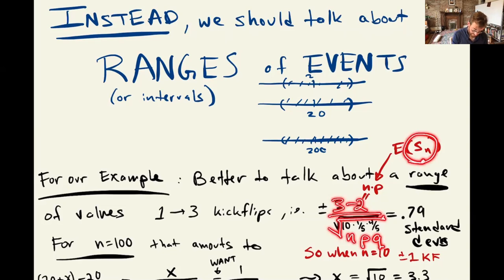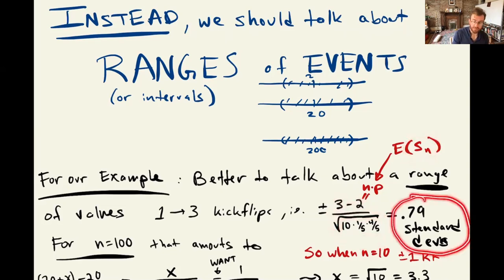When I do that, I see that talking about plus or minus 1 kickflip, which is my natural units when I'm doing these small samples, what I'm really talking about is plus or minus 0.79 standard deviations.